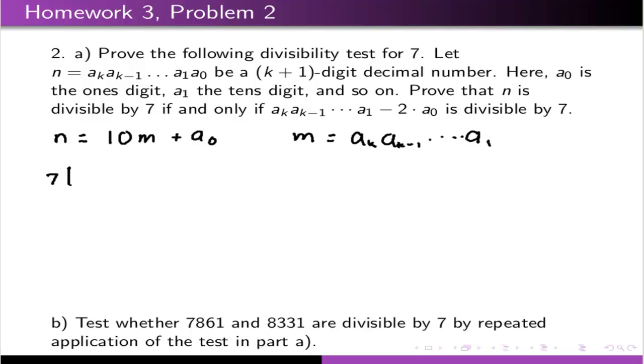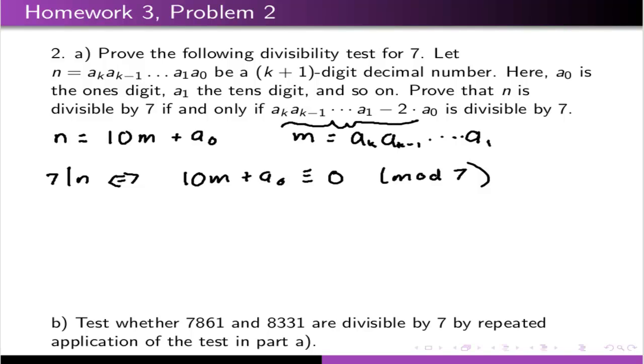Okay, so with that in mind, now view this as a congruence problem. So 7 divides n is equivalent to saying then that 10m plus a_0 is congruent to 0 mod 7. And we want to show that this is equivalent to showing that this number right here, a_k through a_1 minus 2a_0, is divisible by 7.